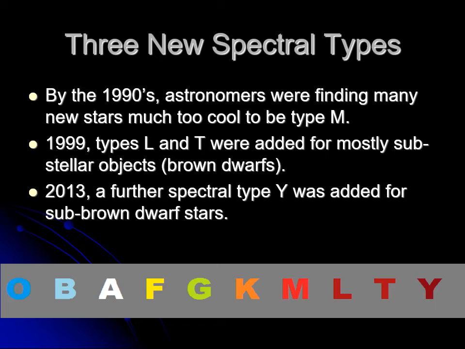Remember, how bright something is depends on how big it is and how hot it is. So the cool stars tend to be not very bright, and these cooler stars were so dim that they added a new spectral type, L. And then eventually added another spectral type, T. And so L and T.